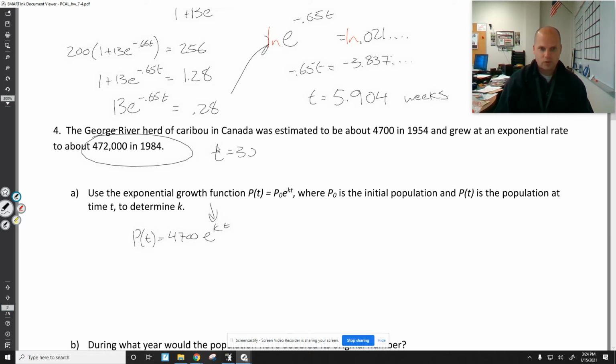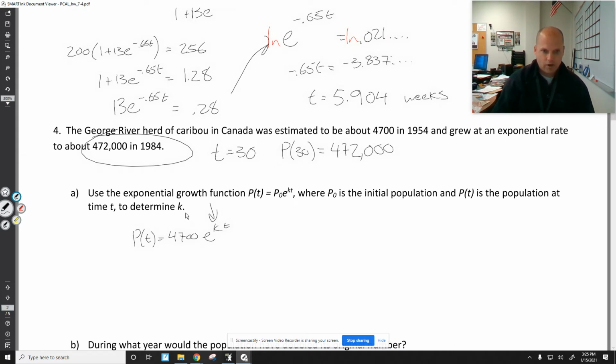So when t was 30, not 300, P of 30 was 472,000. Now, if you want to make this a little bit easier, you can make this 4.7 thousands, and then this is 472. But let's not freak out, okay? Let's just keep it there because you like it better.